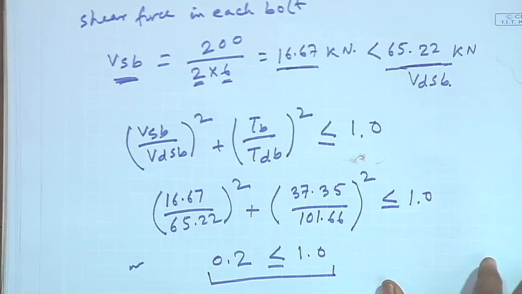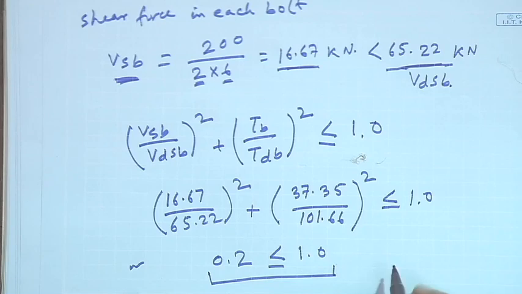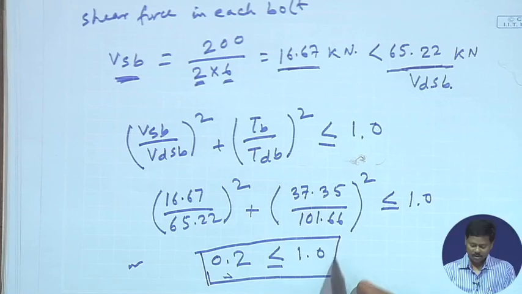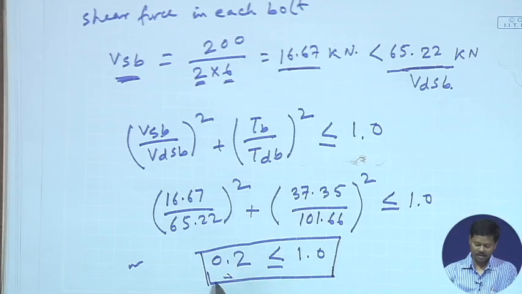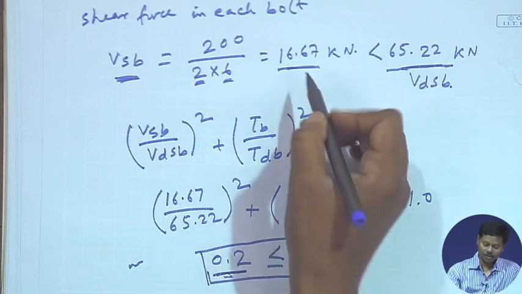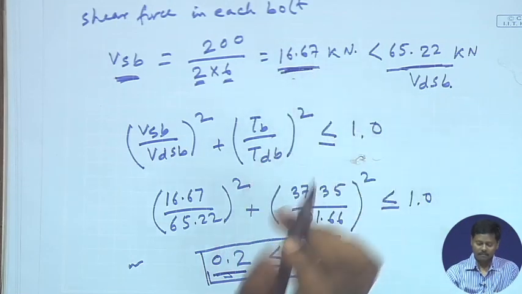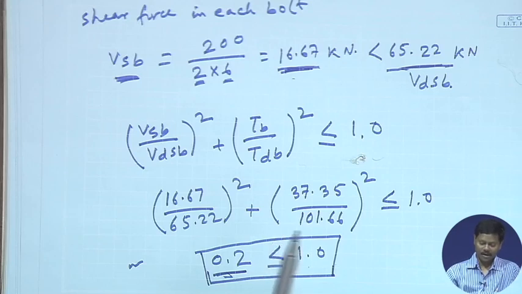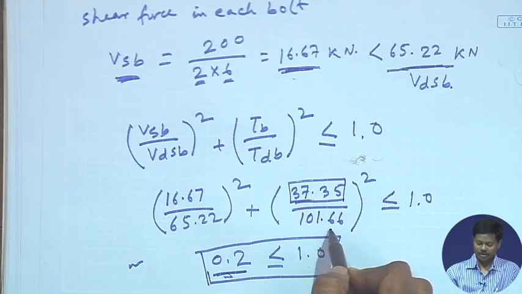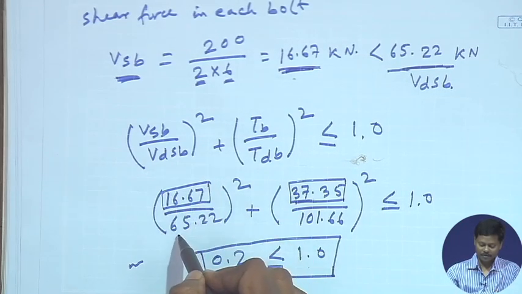So, this is how we have to check. Now, we can see a few aspects. Number 1, the interaction formula shows that the combined coefficient is coming 0.2 only in place of 1, so it is much safer with this combination of bolts. Number 2, VSB was much less and TB was also much less compared to 101; VSB was also much less compared to 65.